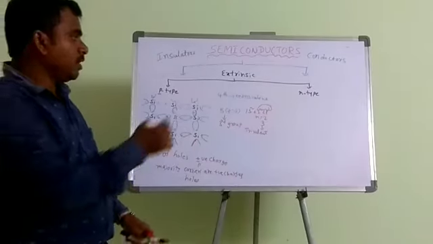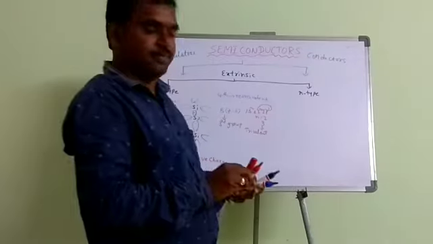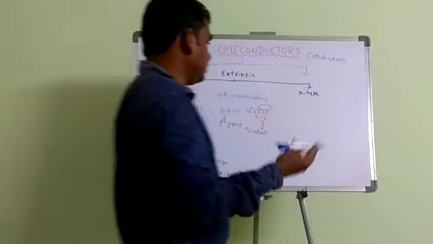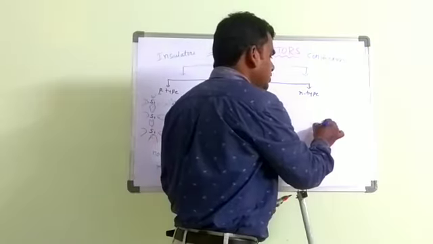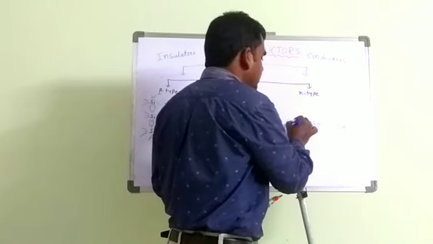That's it. Come to the n-type semiconductor. For an n-type semiconductor, we can take a pure semiconductor, either silicon or germanium.